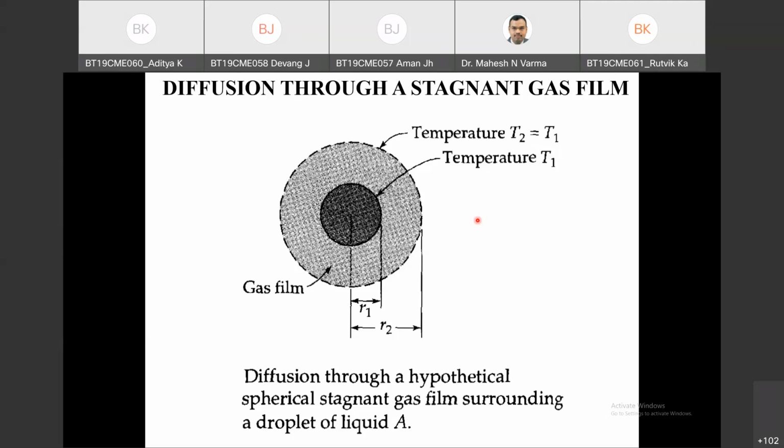These will be the dimensions of the differential shell. Are you looking at this spherical coordinate problem for the first time in transport phenomena? No, sir.